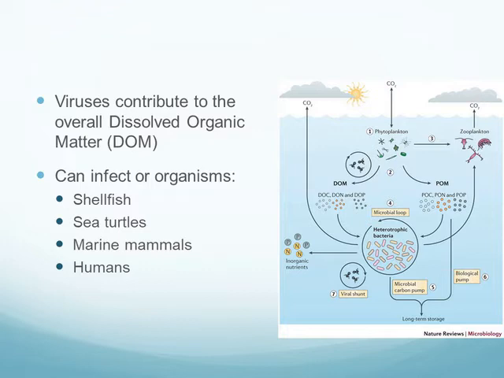And the cycle of nutrients basically starts off with your zooplankton and your phytoplankton up at the surface, and once those die, they contribute to the overall dissolved organic carbon, dissolved organic nitrogen, and dissolved organic phosphorus. Those are DOC, DON, and DOP.